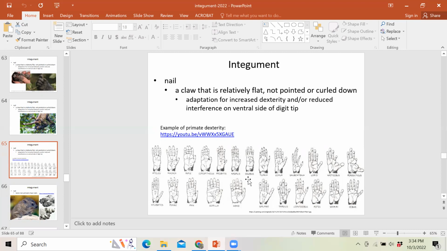Each species is slightly different. But if you look at those diagrams, that looks like a mammal for which dexterity is very important. Being able to handle things. You can't imagine humanity without hands being dexterous.